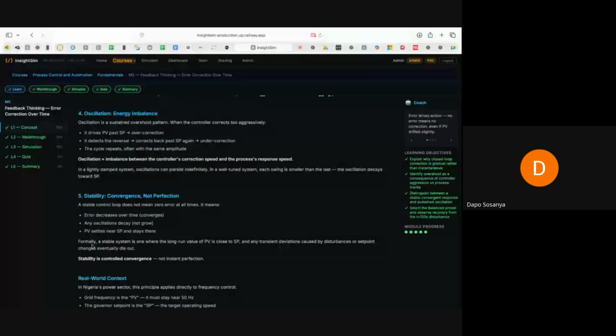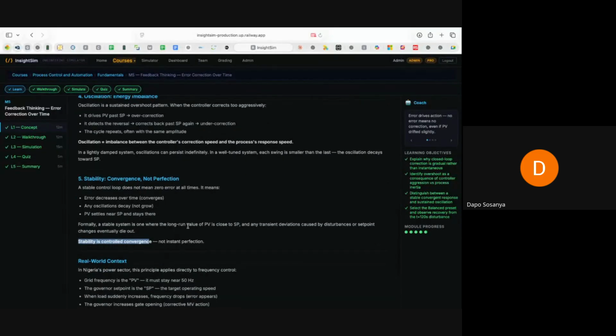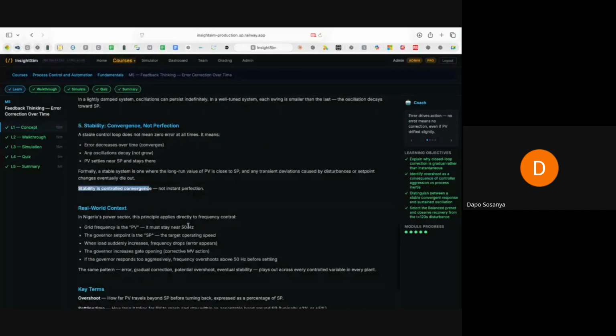Formally, a stable system is one where the long run value of PV is close to SP, and any transient deviations caused by disturbances or set point changes eventually die out. So stability is controlled convergence, and it happens over time.